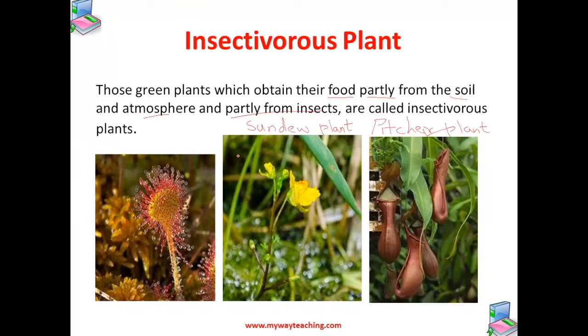And we also have here the picture of Venus flytrap. The pitcher plant here has pitchers. It uses these pitchers to trap insects and digest them.